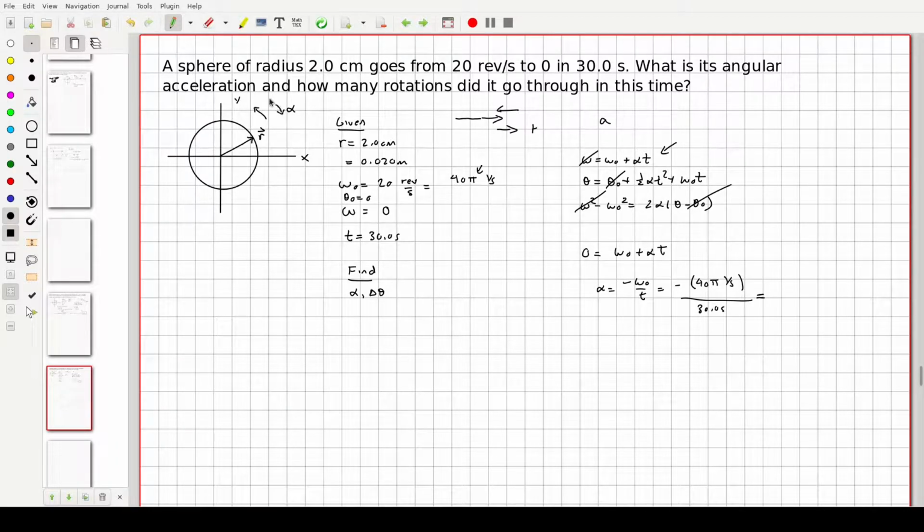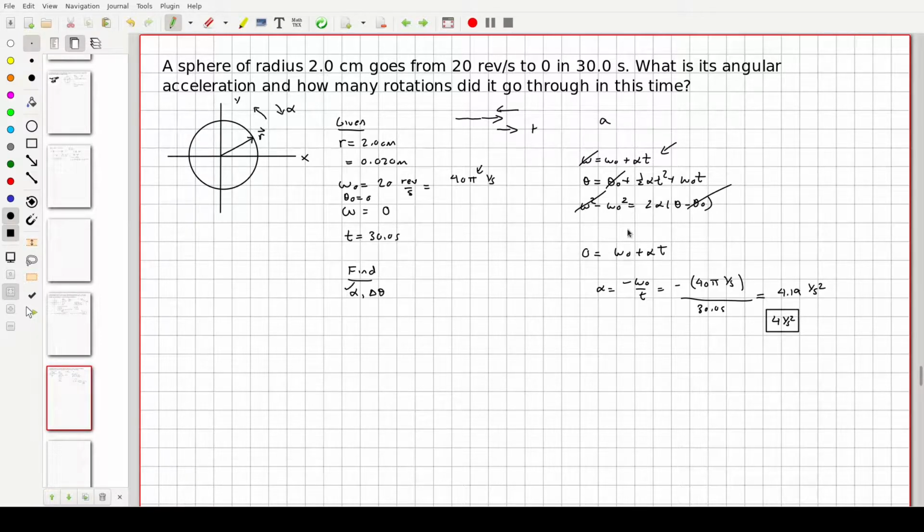And like I'd argued before, as drawn, our acceleration should be negative. So when I do this, I get 40 times pi divided by 30, 4.19 radians per second squared. So there's our acceleration. Let's see, 1 sig fig, 2 sig figs, 3 sig figs. So I guess 4, huh? So that takes care of that.